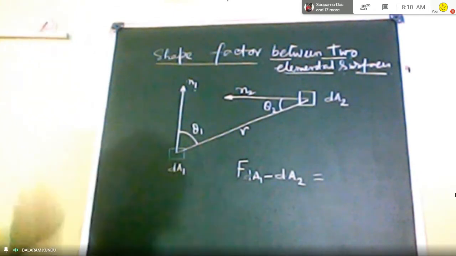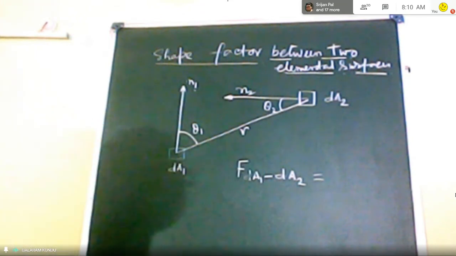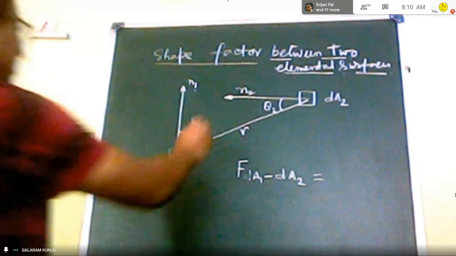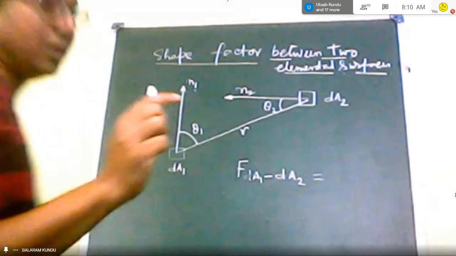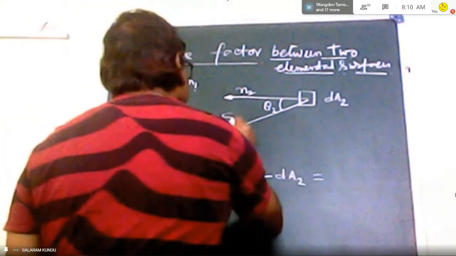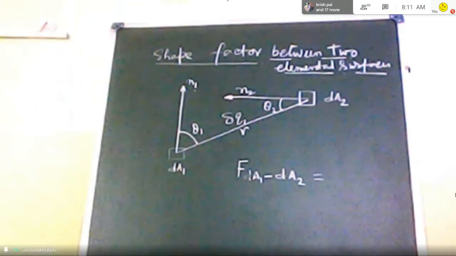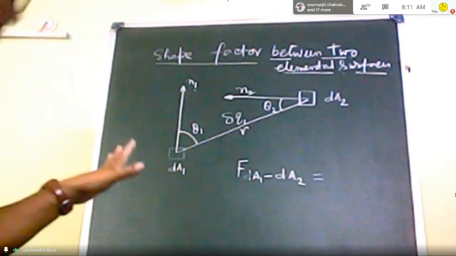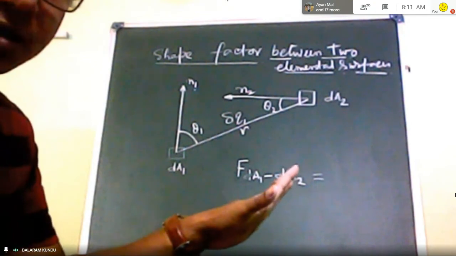The mathematical expression will be, the notation is this, then mathematically we can express it if we consider here del Q1. Del Q1 is the amount of radiation energy emitted from surface dA1 that strikes the surface dA2 directly.